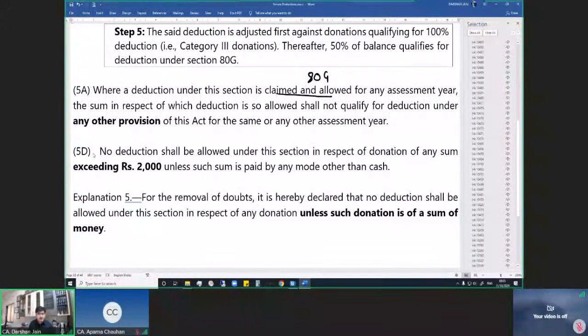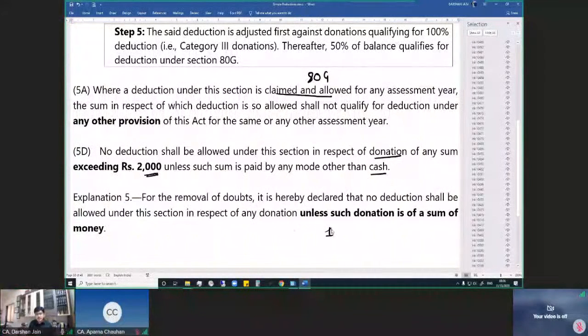Anyway, as far as the donation under section 80G is concerned, you're not to pay a sum exceeding 2,000 rupees in cash. If you do make a donation exceeding 2,000 rupees by way of cash, you're not to claim deduction under section 80G.